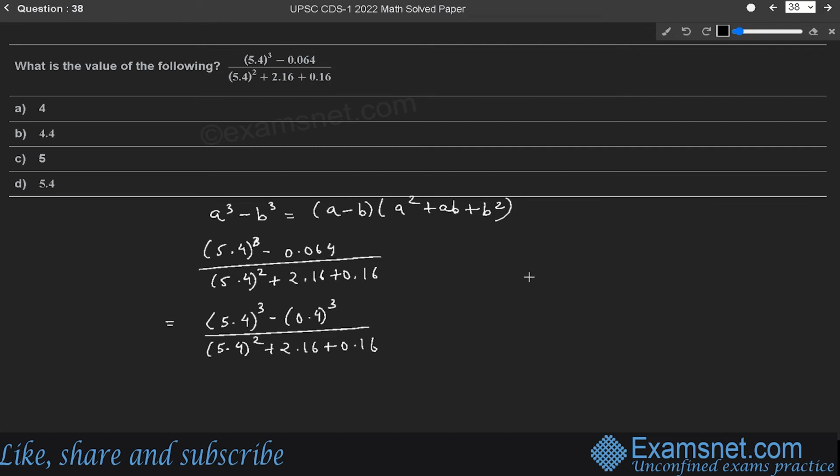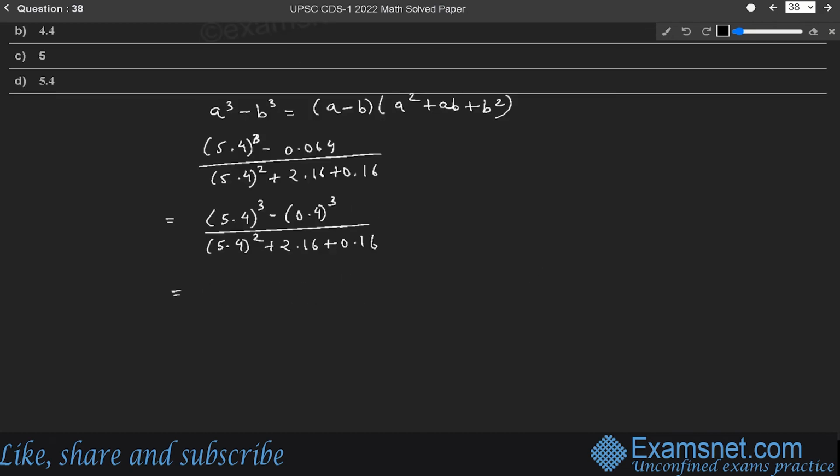On further solving, it will be equal to 5.4 whole cube minus 0.4 whole cube upon 5.4 whole square plus 5.4 into 0.4 plus 0.4 whole square.